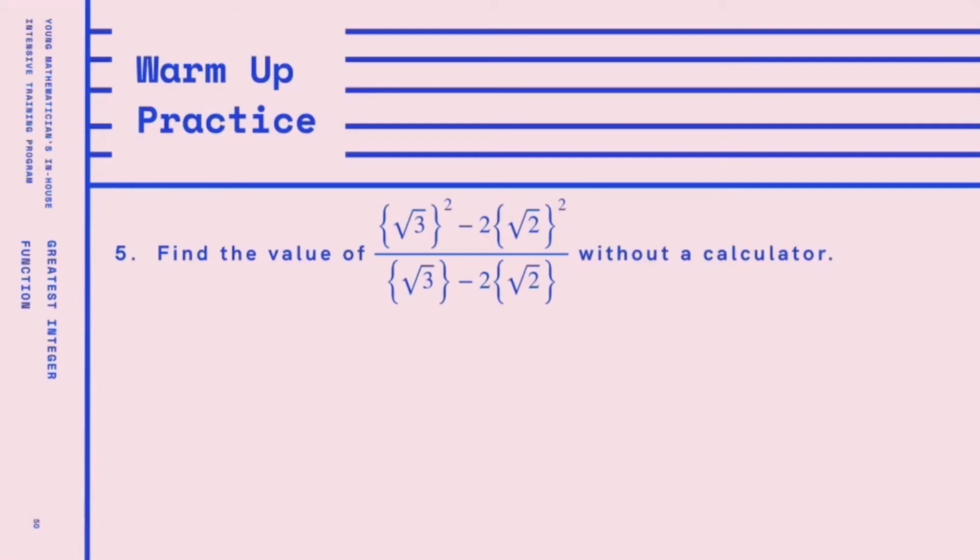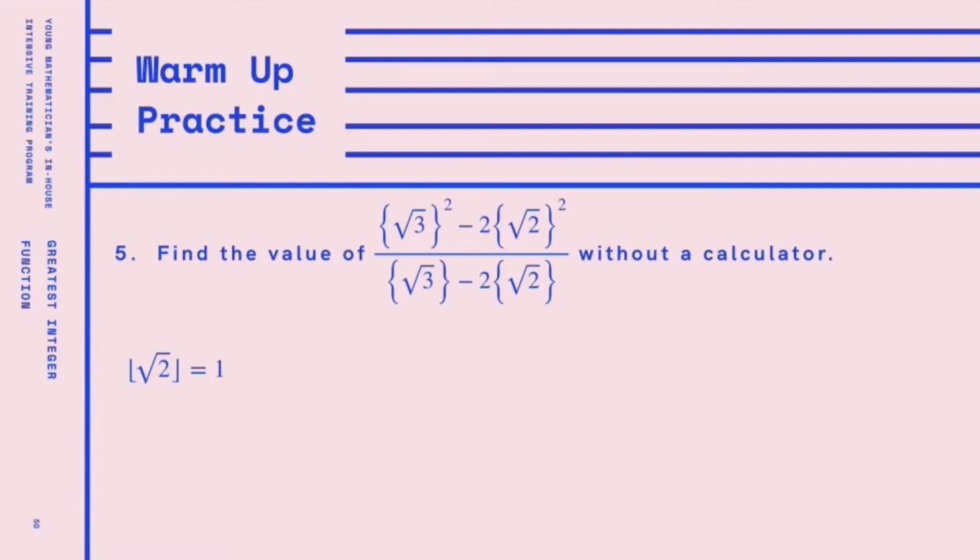Okay, so how do we solve this one? First, what about the fractional part of square root of 3 and square root of 2? So first, the greatest integer function of square root of 2, which is about 1.4 something, is equal to 1.